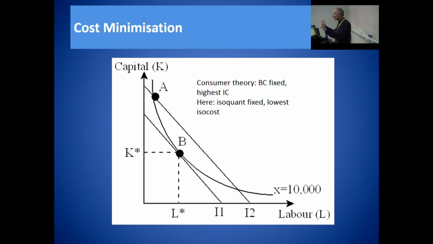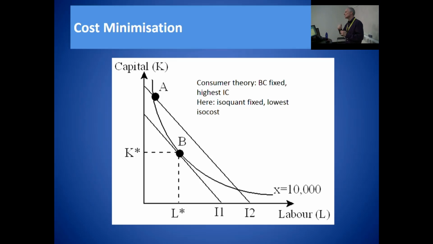Here though, even though the diagram looks remarkably similar, what's fixed is the isoquant associated with our level of output. And given this fixed isoquant, what we look to do is identify the lowest possible iso-cost curve. Once we do that, that's the least cost combination way of producing any given level of output.